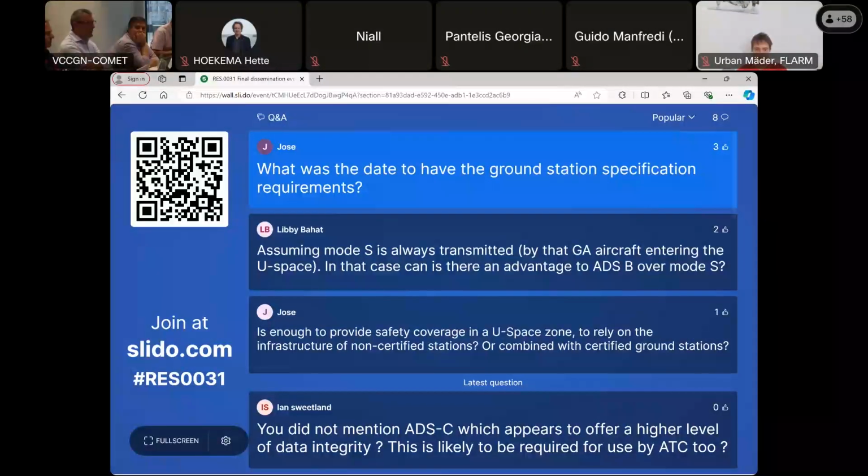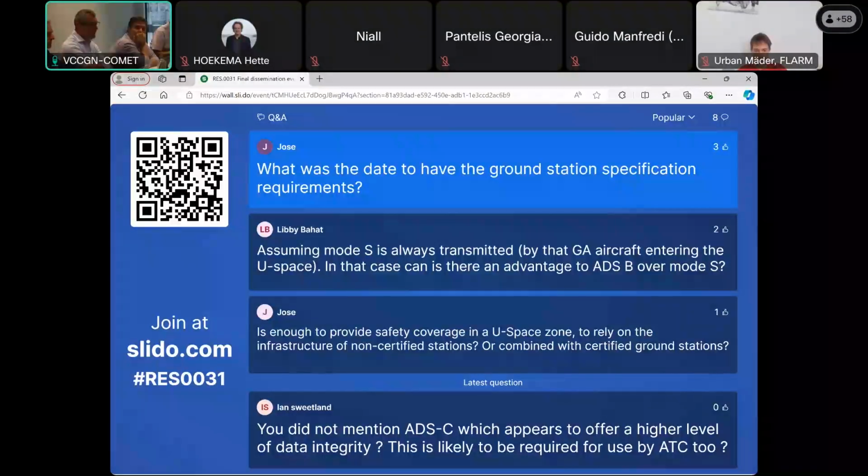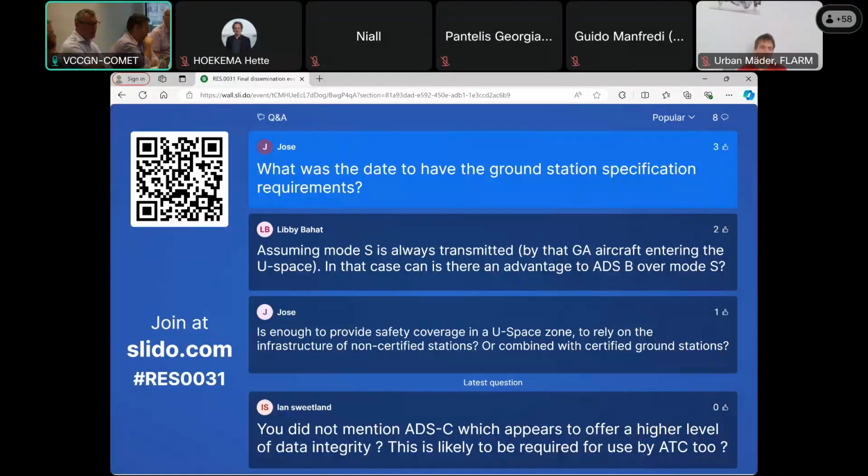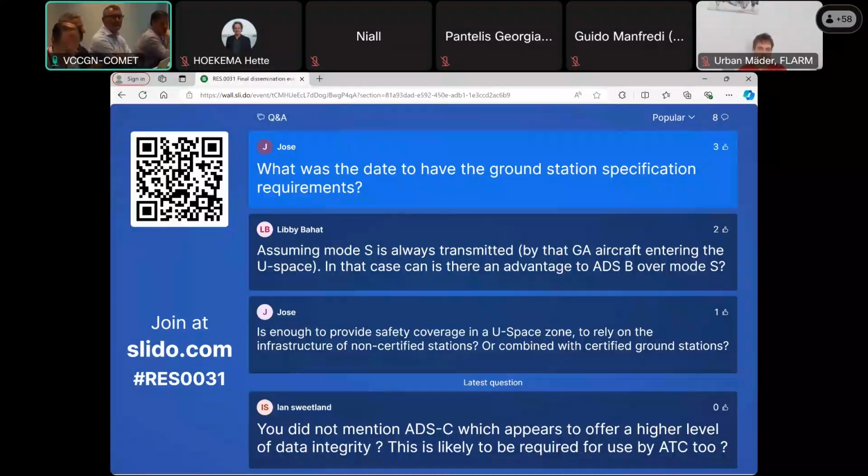What was the date to have a ground station specification requirements? Good question. The focus of the previous work was on the requirement in SERA.605, and that sets the transmission method. So we did that part.